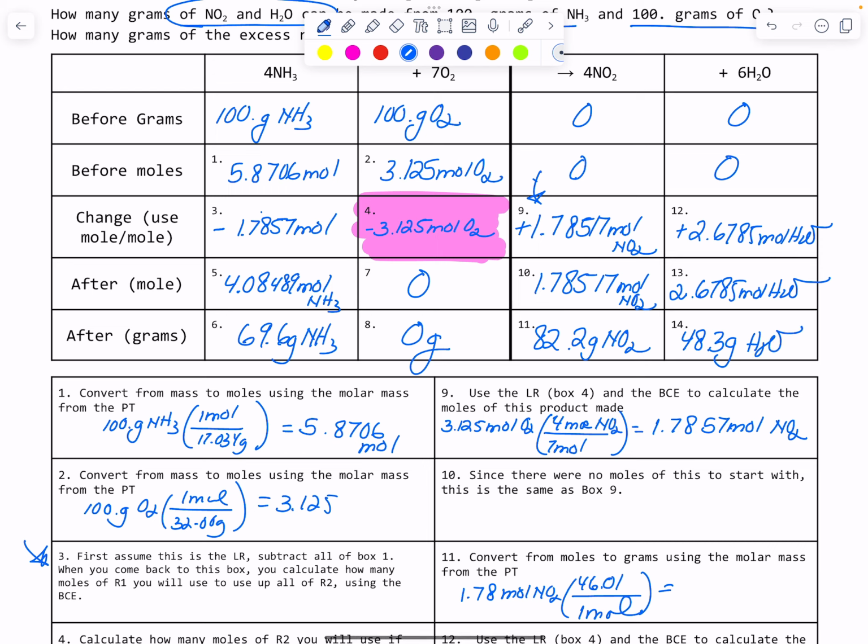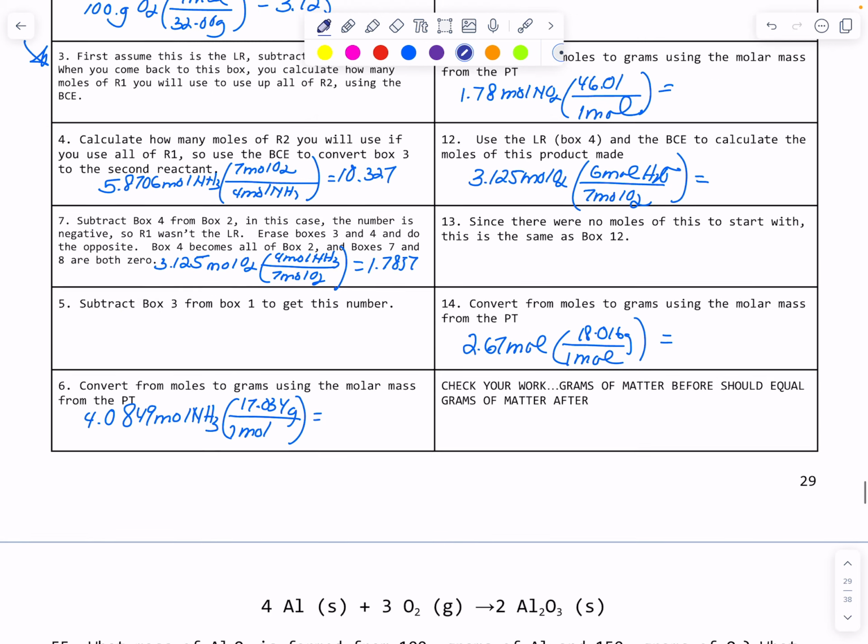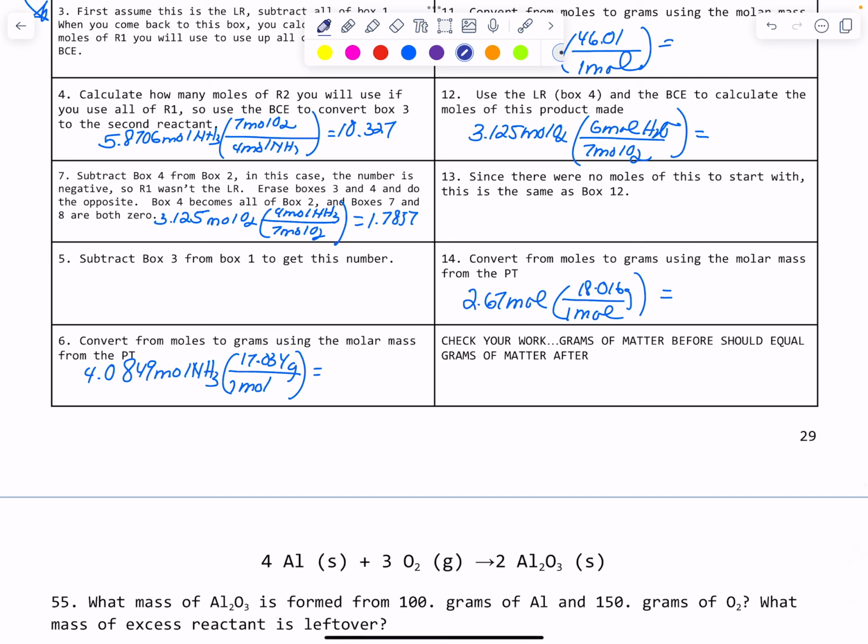And now this should also support the law of conservation of matter. Check to see, do the grams of matter before equal the grams of matter after? So before, I started out with 100 grams of each reactant, so 200 grams before. Now I have 69.6 grams of ammonia left over, and I have made 82.2 grams of nitrogen dioxide and 48.3 grams of water.